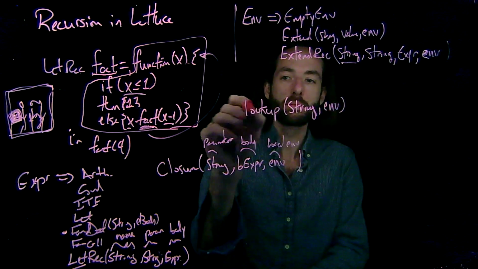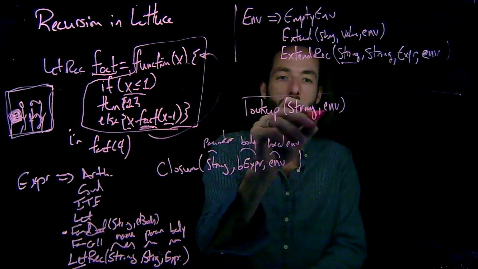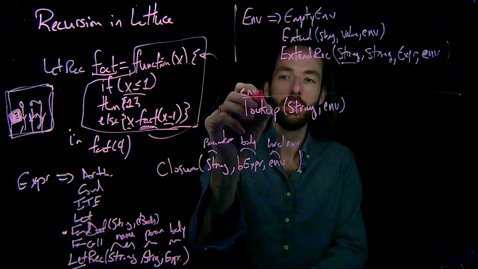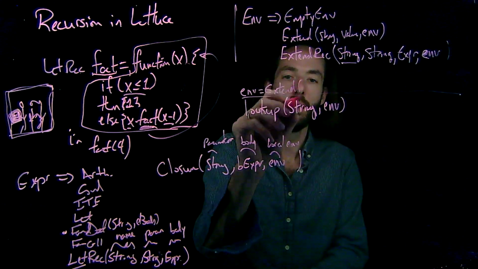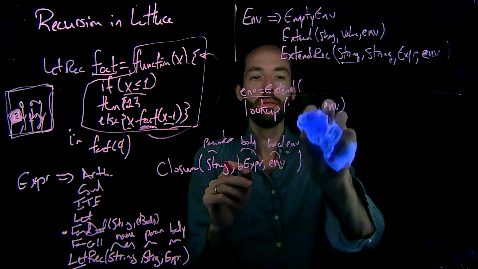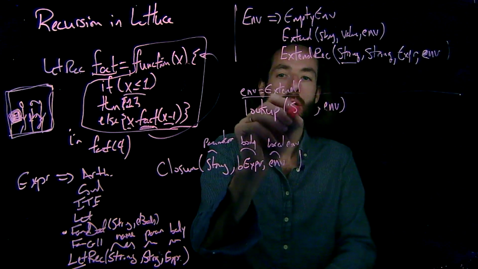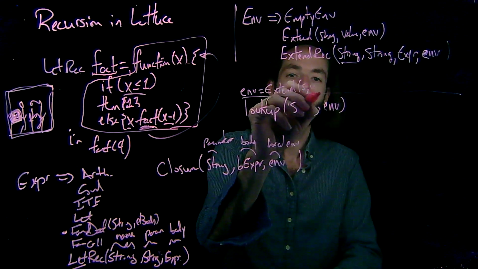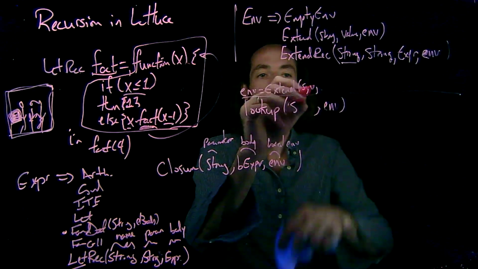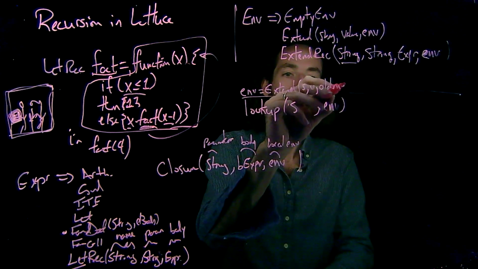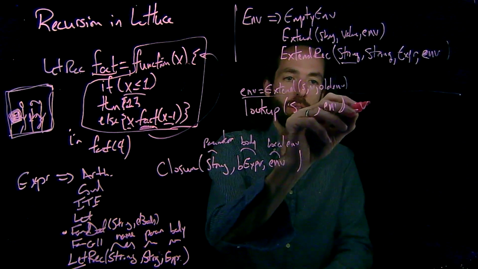And we know that if the environment looks like extend with this string, let's call it S, with V, and then some other old environment, then we just return V.